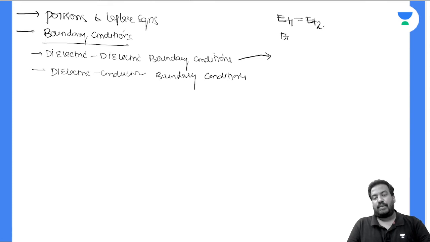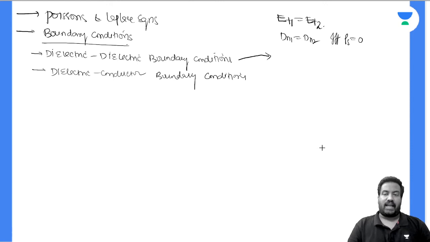Similarly, D N1 is equal to D N2, if and only if rho s is 0, where rho s is the surface charge that is deliberately placed on the boundary. This is conditionally continuous. The normal component of electric flux density is continuous across the boundary of discontinuity if and only if rho s is equal to 0.